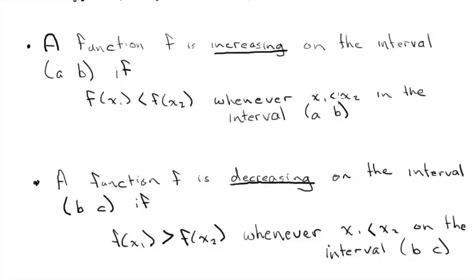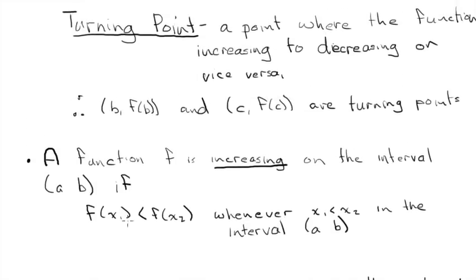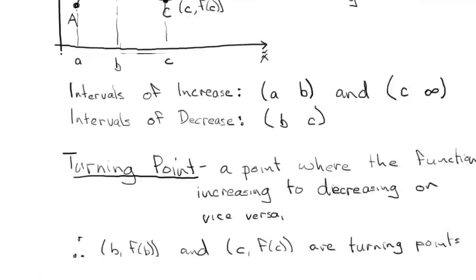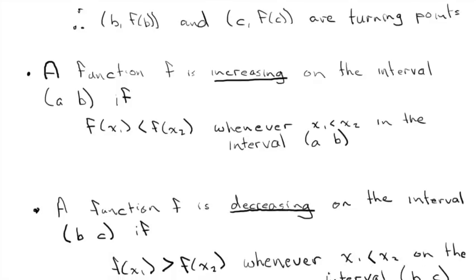That probably requires a little bit of explanation. All this is really saying is that the function is going up from left to right. It's the same as our intuitive definition, but let's look at our picture to see what this means. Whenever x1 is less than x2, so let's look at this interval from a to b, x1 would be here, and x2 would be here. x1 has to be less than x2.